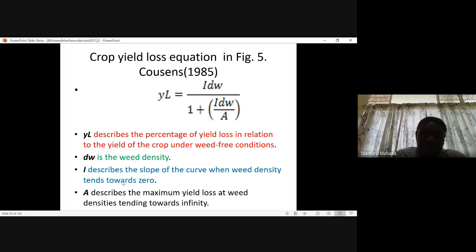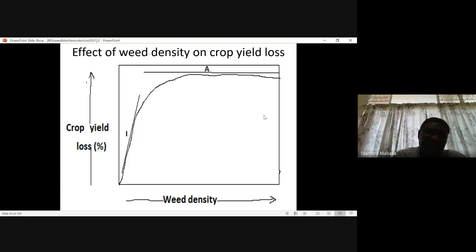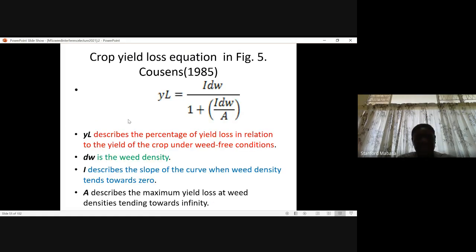What I want to explain again is that this important graph can be represented by an equation which was proposed by Cousens in 1985. Let us start from the beginning.